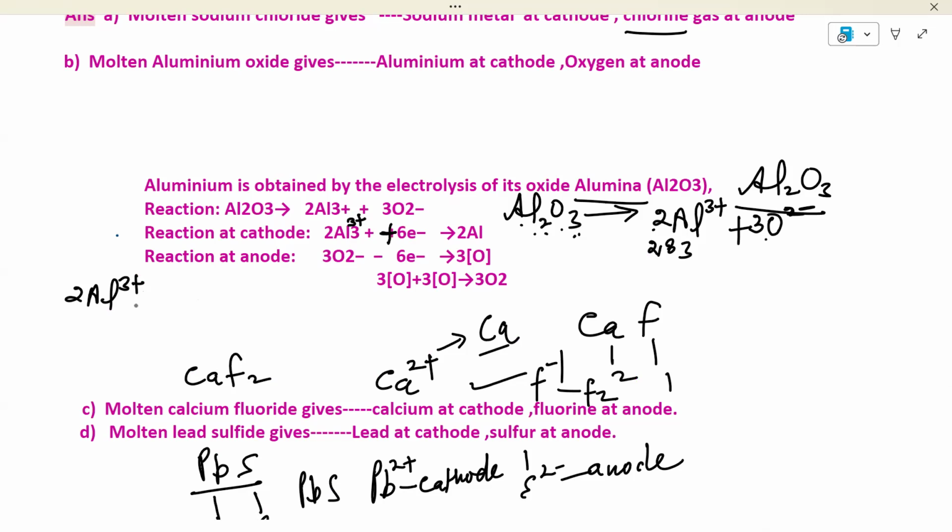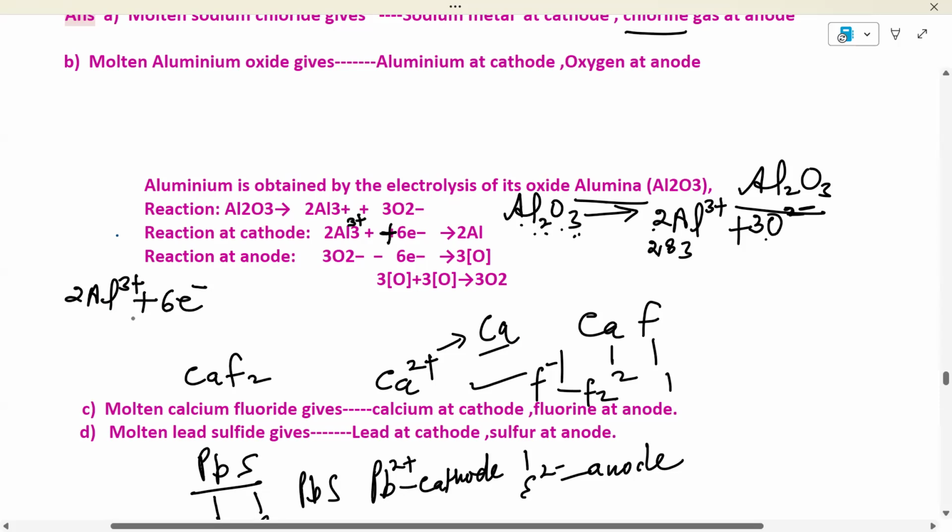Now we need to get its original aluminium metal state again, right? To get aluminium again, we need to give 6 electrons to this cation.